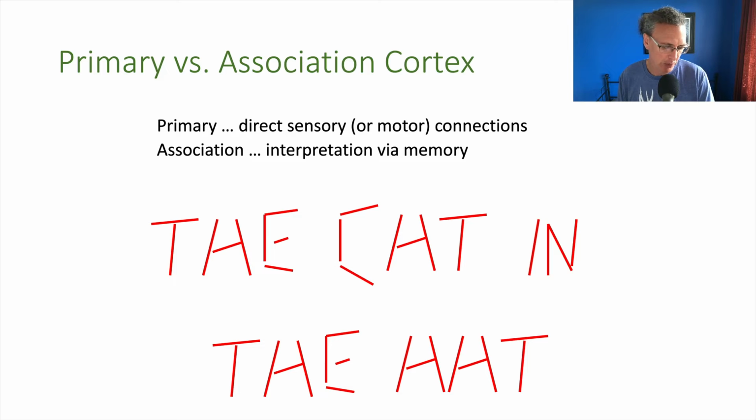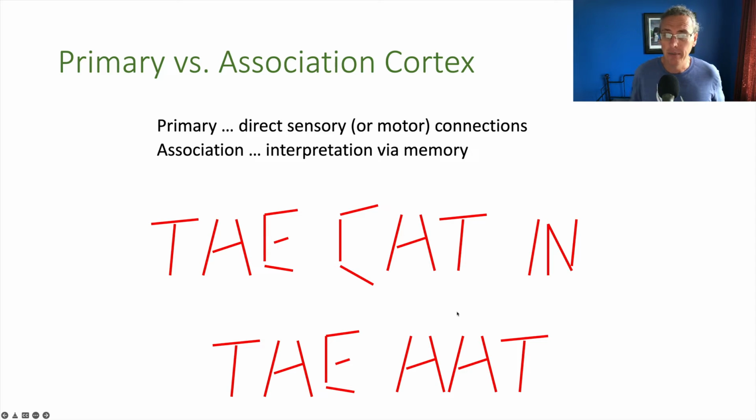Within each lobe, I will be talking about primary cortex versus association cortex. And so I just want to spend a little bit of time making that distinction clear to you now. Primary cortex is where the raw input from the world goes. So when you're looking at these red lines, this is really just a bunch of red lines.